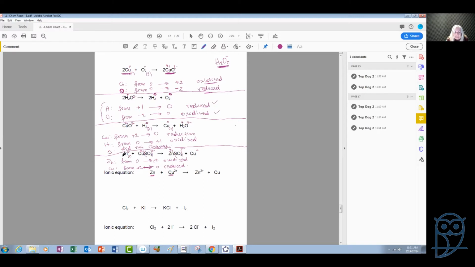So what we write here, the zinc, let me write it here where we have more space. So zinc, plus here is the copper that changed oxidation state. So I only write the copper ion, ignoring the sulfate ion, so plus copper, but I must remember to write its charge, because now this is an ion.